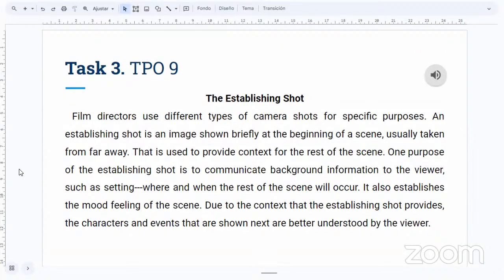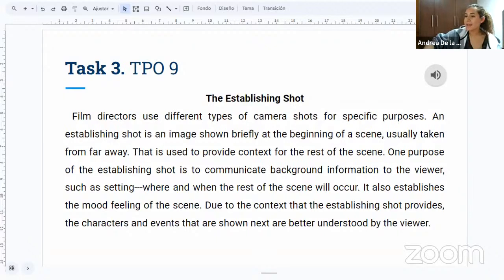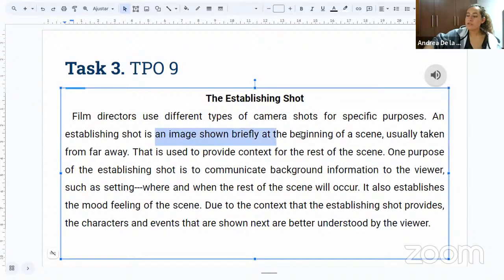Is to communicate background information to the viewer. Establishing shot is basically an image shown briefly at the beginning of a scene that is used to provide context for the rest of the scene, right?